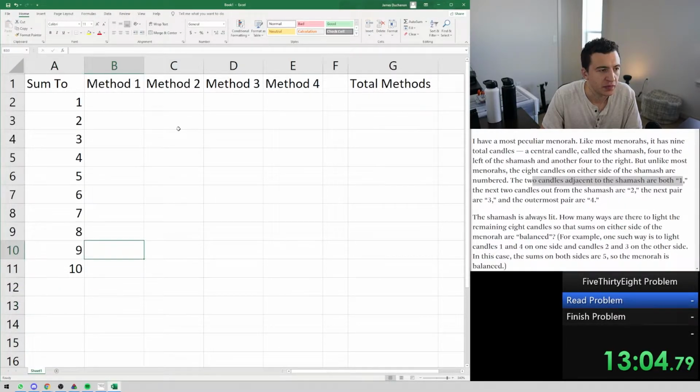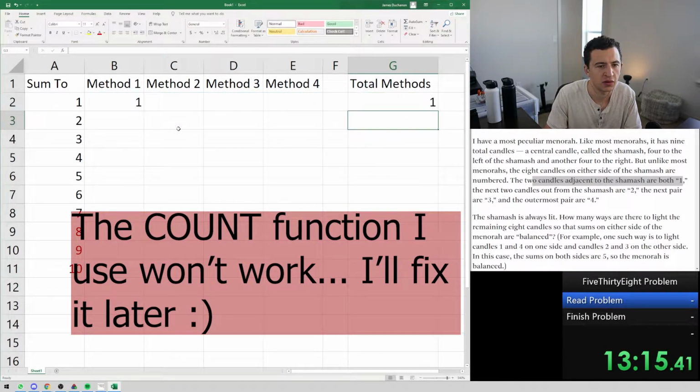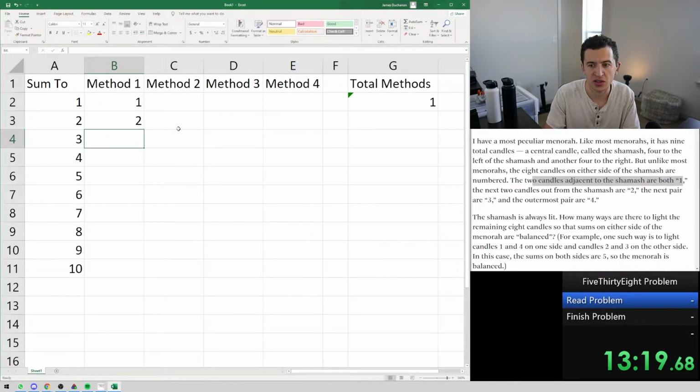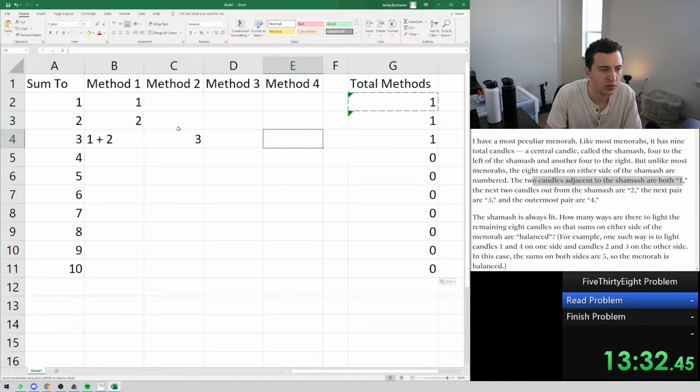Okay. To get to 1, the method is 1, and you just equal the count of these. To get to 2, the only method is 2. To get to 3, it's 1 plus 2 or 3. So that's just me rewriting what we did earlier.